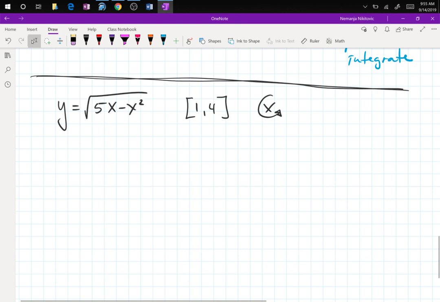So first order of business is to find the derivative of the function, because we need to plug that in that square root in the formula. So now we have to take the derivative of what we see. That's going to be 5 minus 2x on top, divided by 2 square root of 5x minus x squared. So that's the derivative of the function.